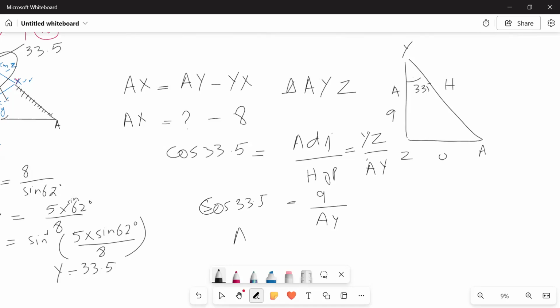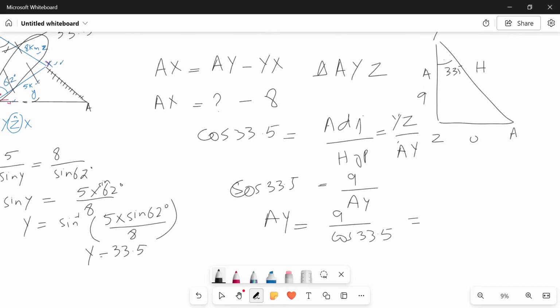So we can shift this AY here: 9 over cos 33.5. And what is the AY value? 10.79.